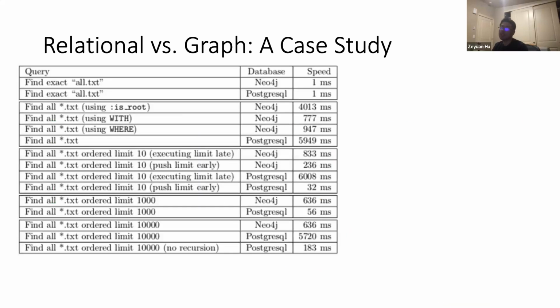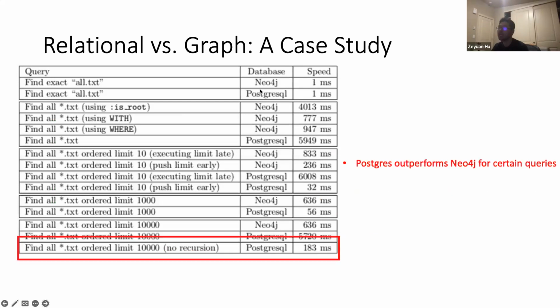This table shows the performance. We have the exact same query, finding all .txt files, run on Neo4j and implemented using SQL, and then we compare the performance.